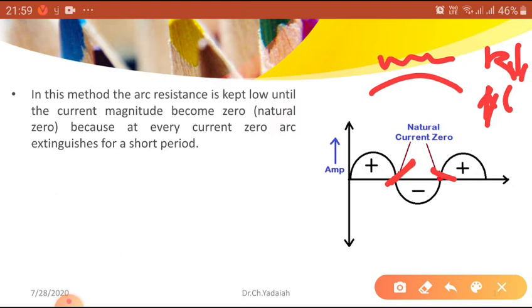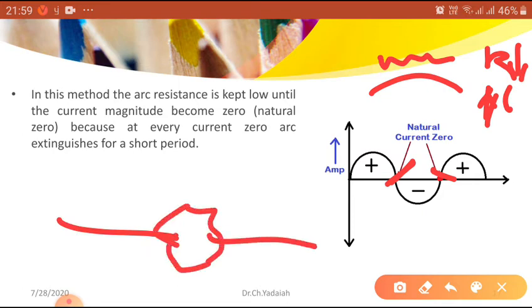Once the contacts are opened, an arc is already developed. The arc is an ionized path, with ionized particles, a medium having very weak dielectric strength.